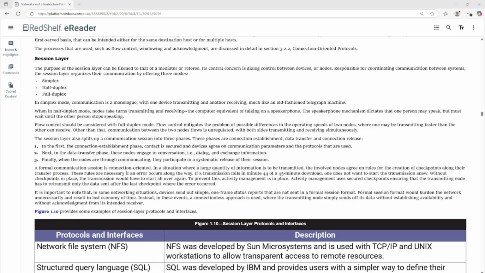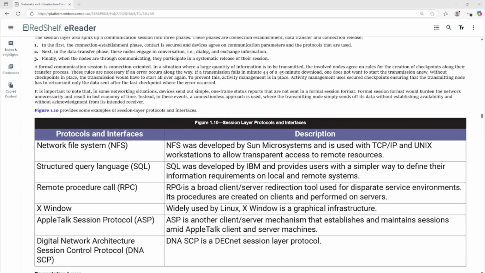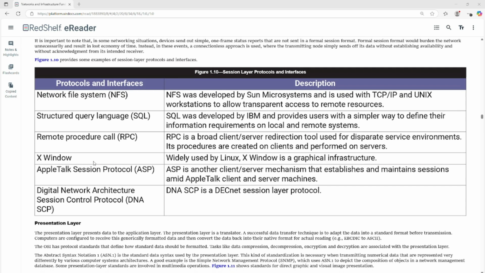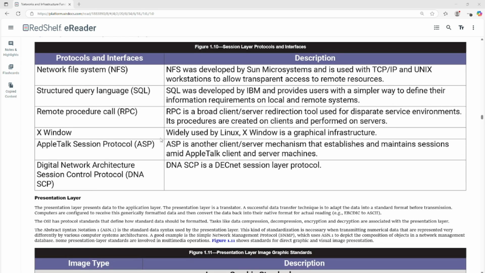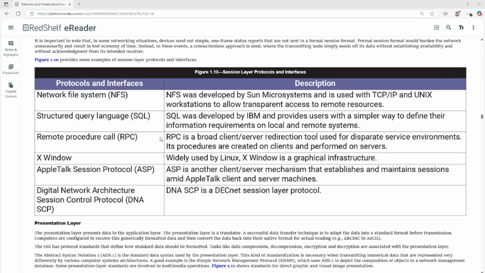There are a bunch of protocols that exist at this layer, and the table in figure 1.10 details some of the session layer protocols and interfaces that are very common in its daily operation. So you've got the network file system, structured query language, remote procedure call, Windows, Apple. You can just read this in order to get a thorough understanding of this concept.